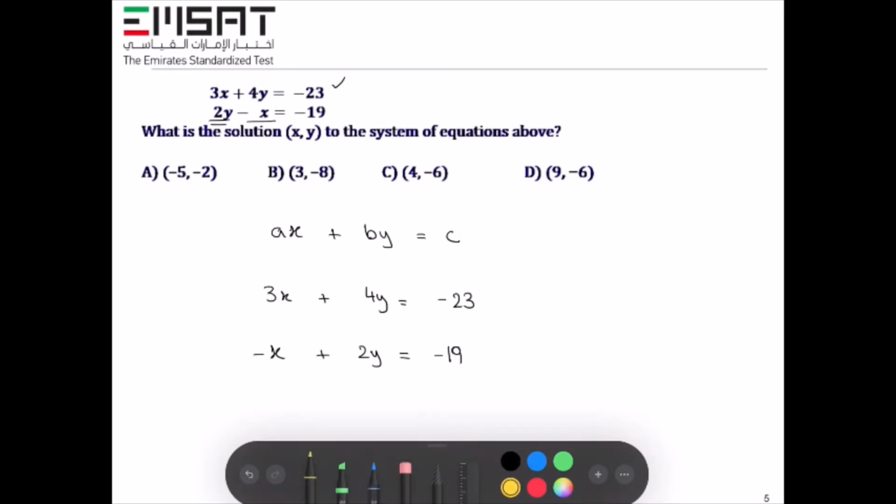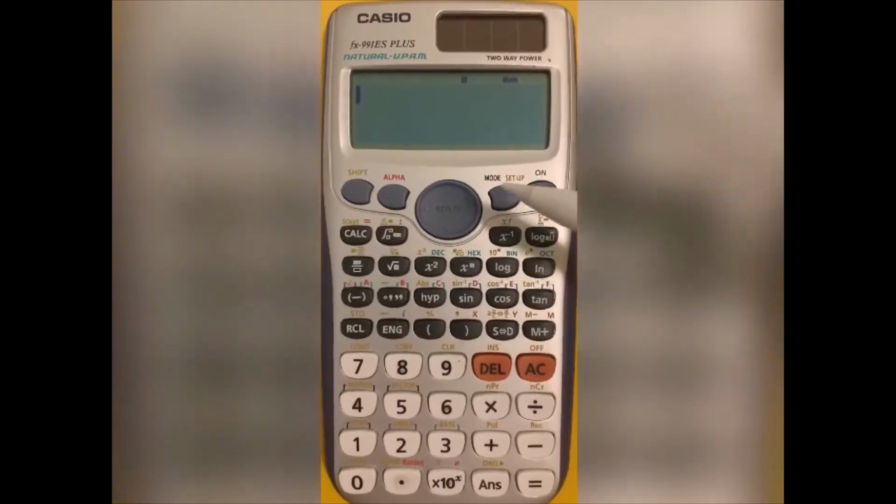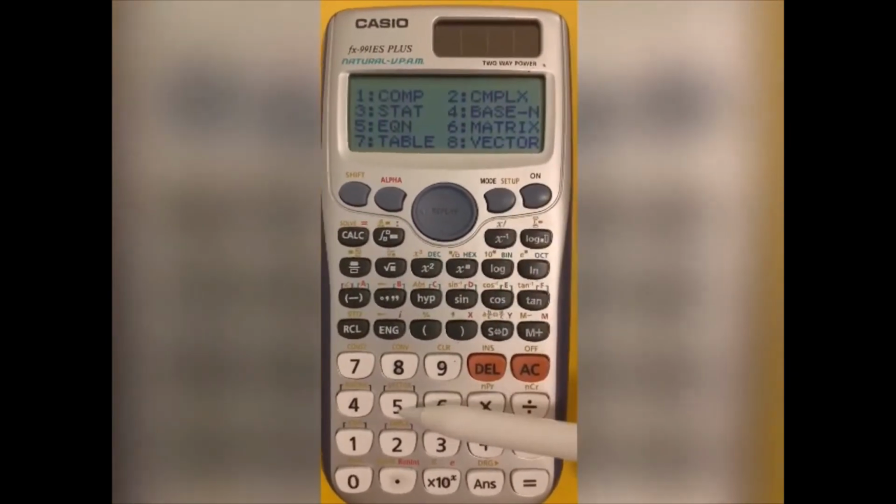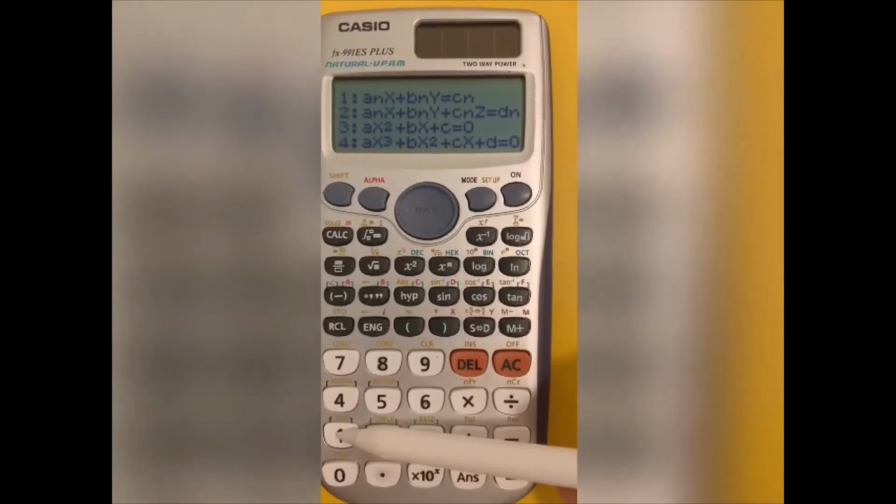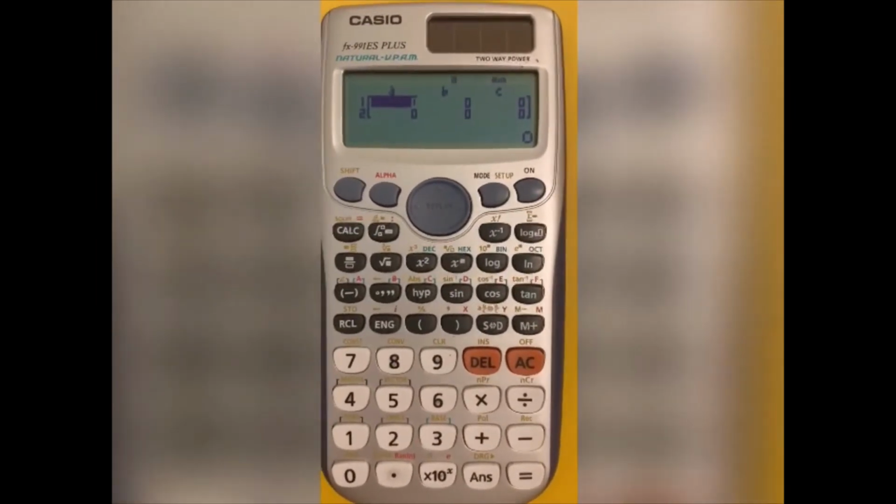Now we know which is A, which is B, and which is C for each equation. Now what is the solution of x and y to the system of equations above? Now I can easily find the answer using the calculator. Step 1, select mode, option 5 equation, option 1 solving systems of linear equations.